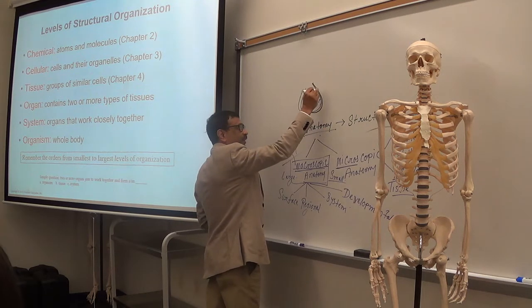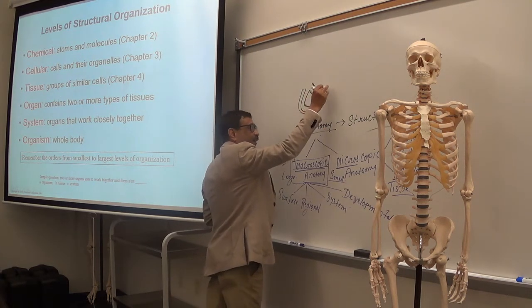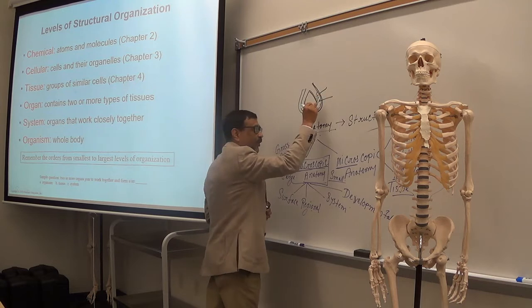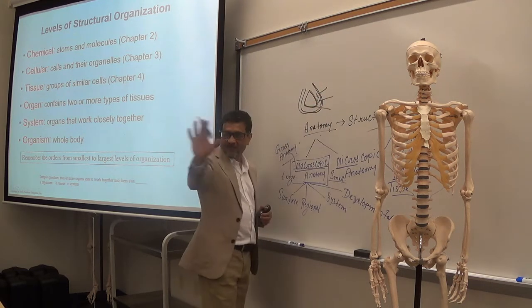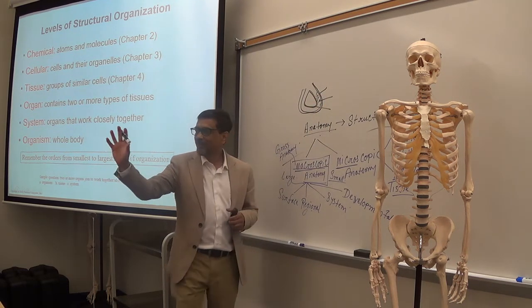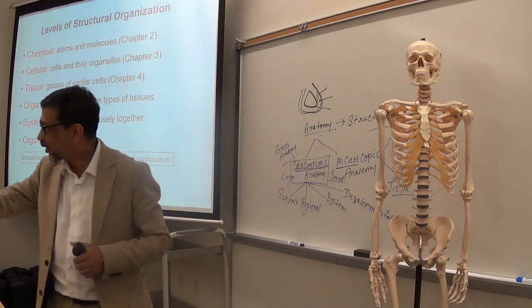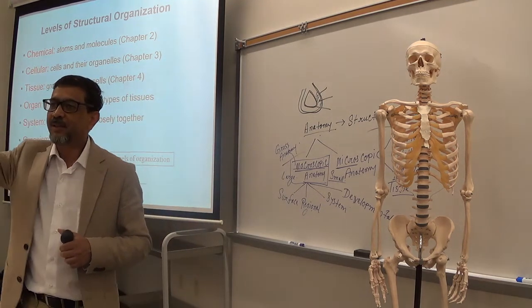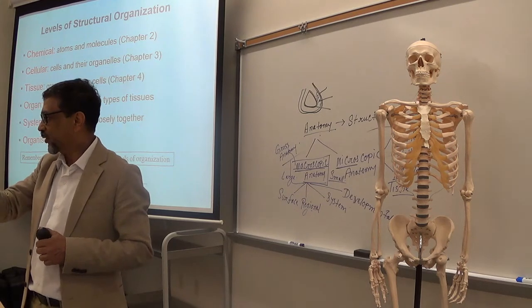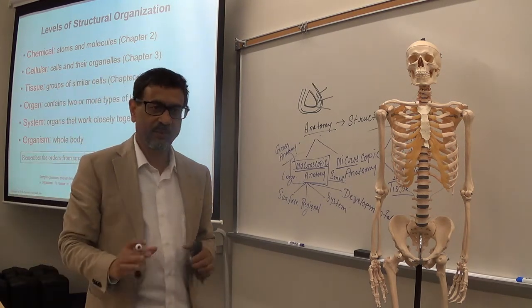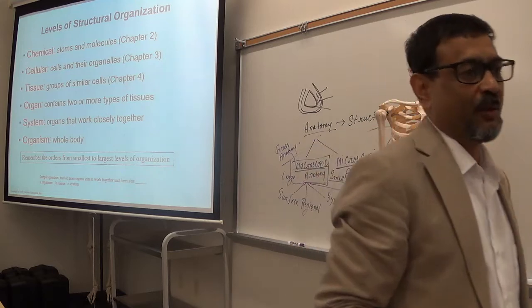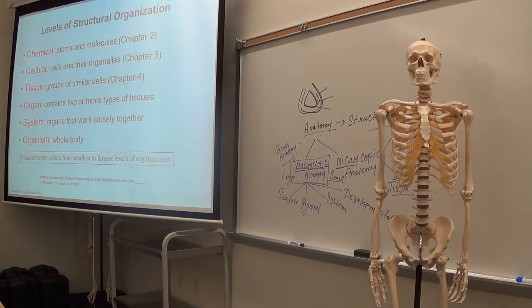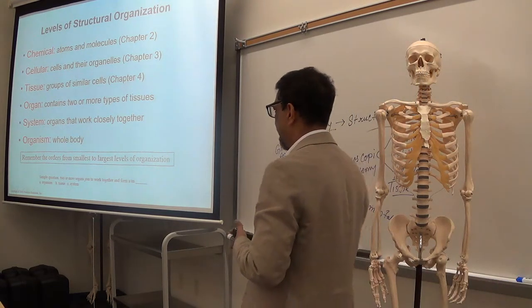So how many different tissues do you see here? Connective tissue, muscle tissue, epithelial tissue. Make sense? So the heart, which is an organ, is composed of different tissues. Is it clear? So two or more tissues together form an organ.